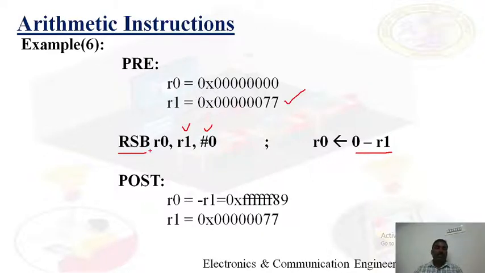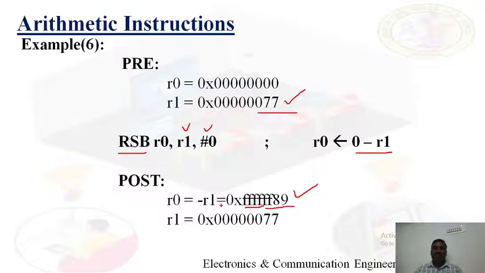Usually this reverse subtraction is used to negate the content by subtracting it from 0. If you subtract from 0, then the negative value of that 77 will be stored in the destination register. See here 77, if you perform the 2's complement of this 77, you will get 0x, 4 F's, then FF89.